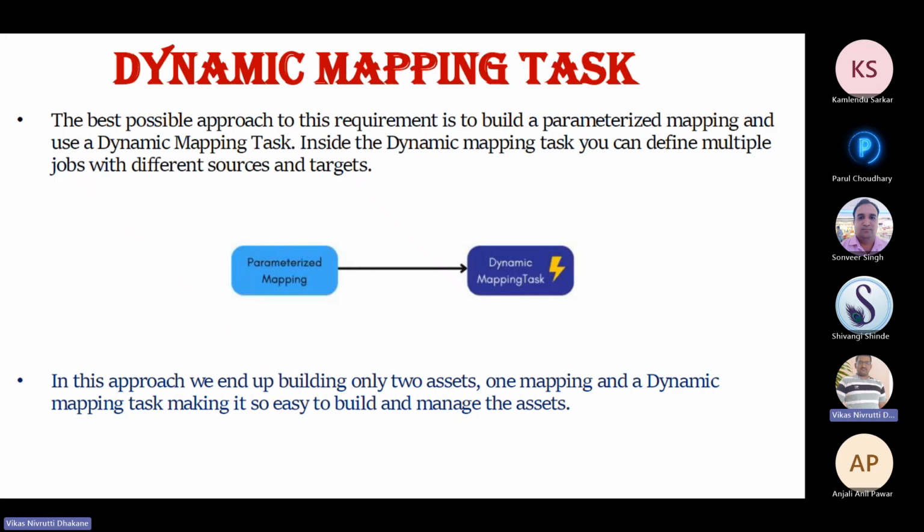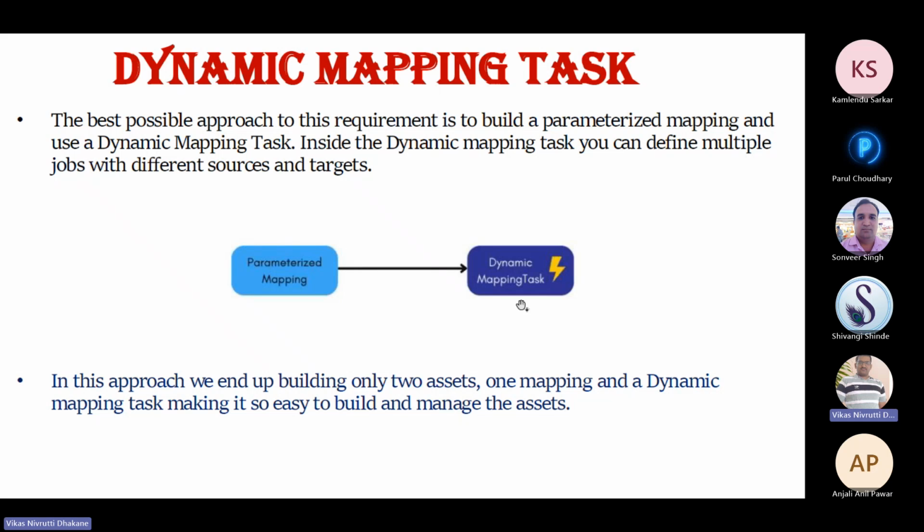In the first approach, for example, if you're considering the 4 tables you have to load, we have developed the 4 mappings and the 4 MCT. In the second approach, we have developed the 1 mapping and 4 MCT. And if you use the dynamic mapping task, we can achieve that with only one mapping and only one mapping task.